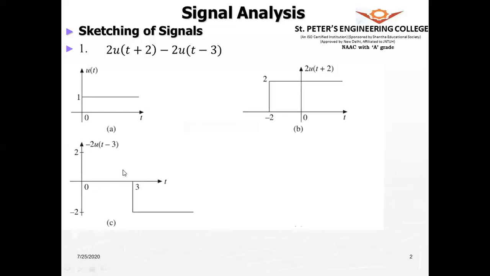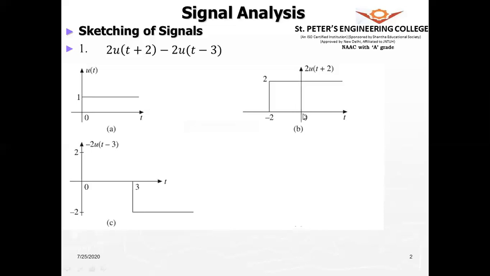When you add both of these signals, 2 into u of t plus 2 is present from the time instant minus 2 up to plus 3 here. As you can recall from the previous understanding, this is 0. Towards the right, it is all plus 1, plus 2, plus 3. And towards the left, it is minus 1, minus 2, minus 3, and so on.